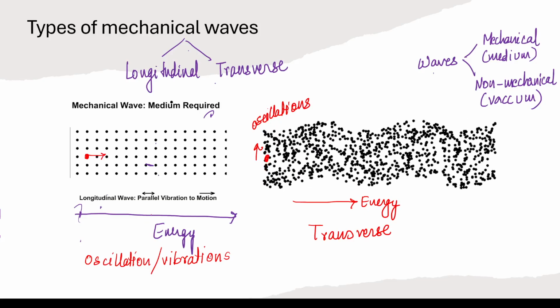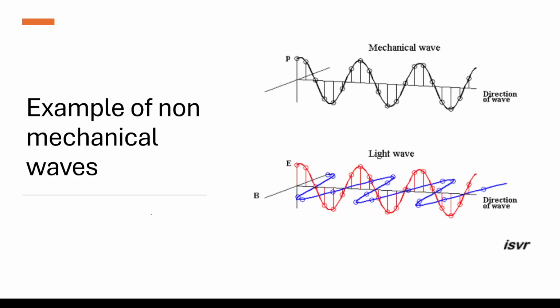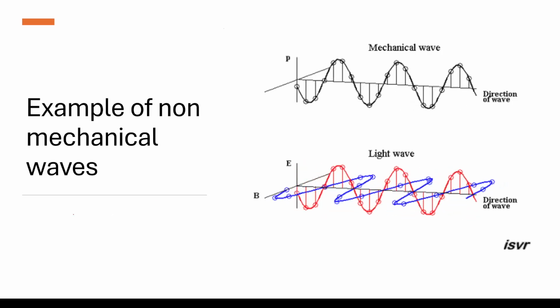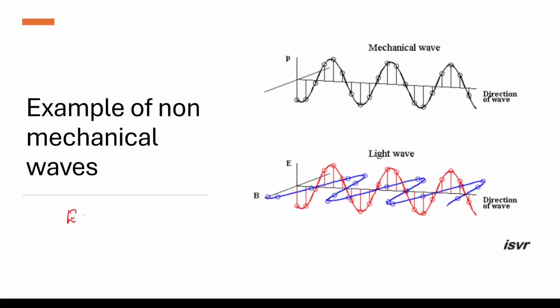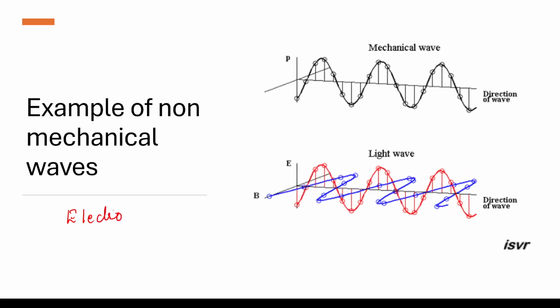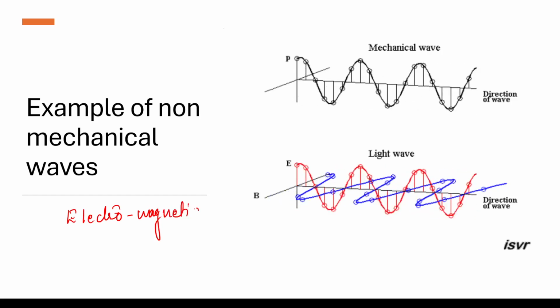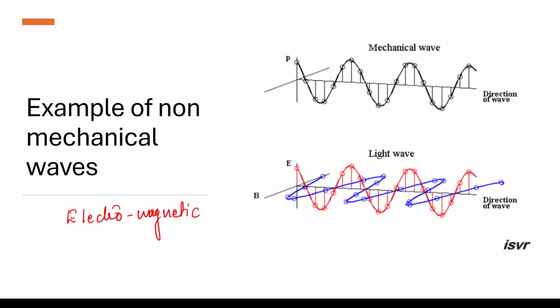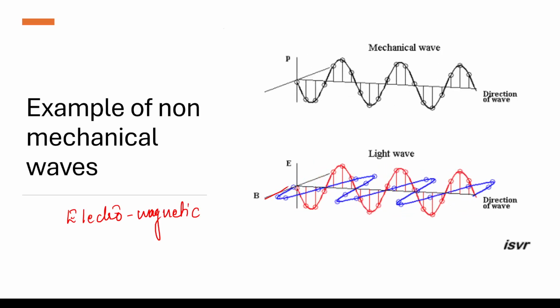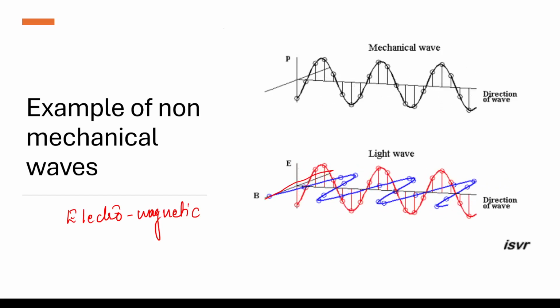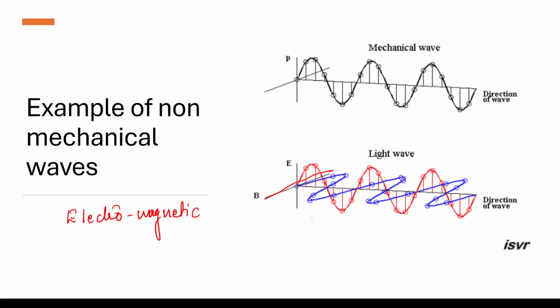This is an example of a non-mechanical wave, the one which is colored. It is your electromagnetic wave. Now, electromagnetic wave comes from electric and magnetic fields. As you can see, on this line, the blue color is the magnetic field, and the red oscillations are the oscillations of the electric field.